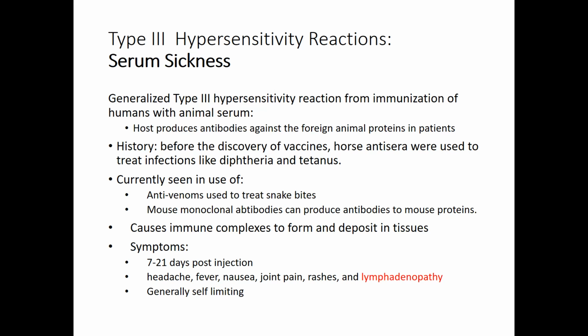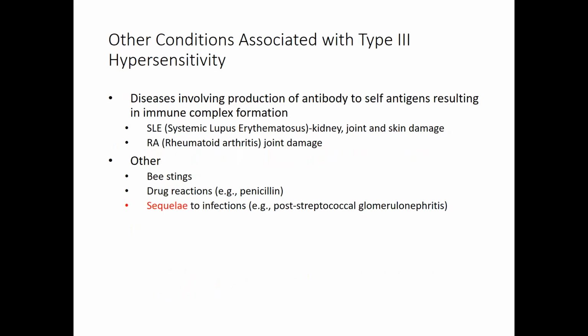The symptoms are generally the things that people complain about when they have a reaction to vaccines: headache, fever, nausea, joint pain, rashes, swollen lymph glands. This is a generally self-limiting hypersensitivity reaction because the complexes are going to clear, and once the complex is clear, the pain and the inflammation and all that stuff goes away.